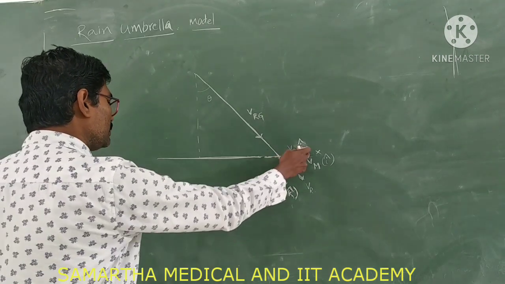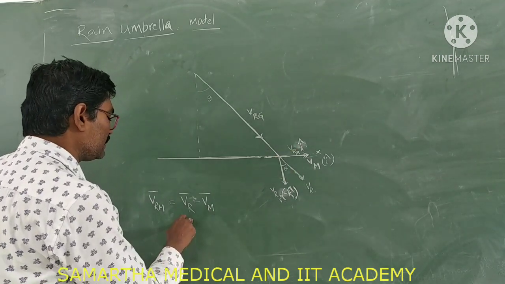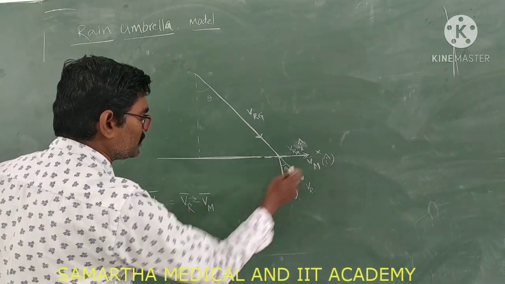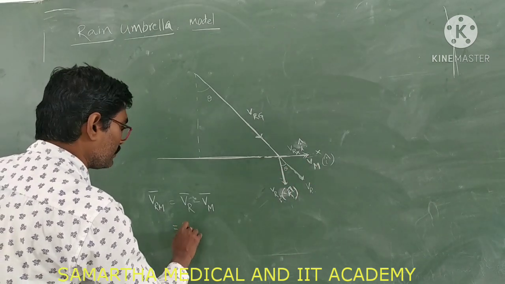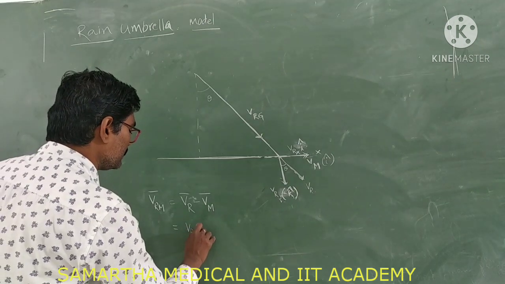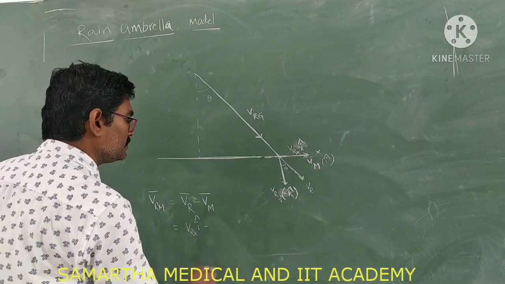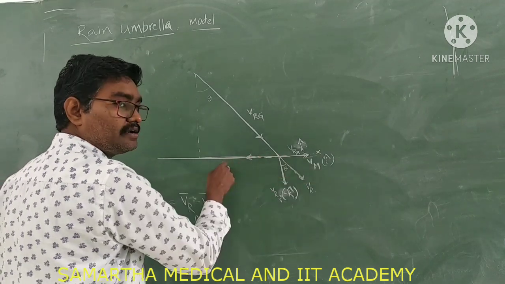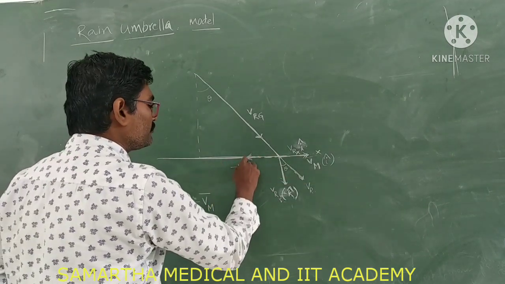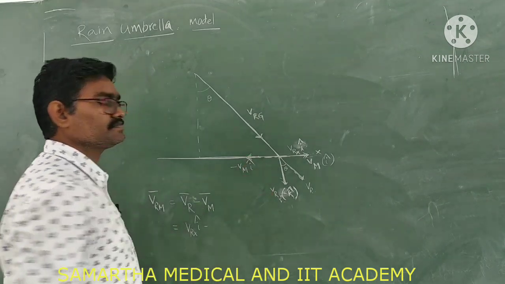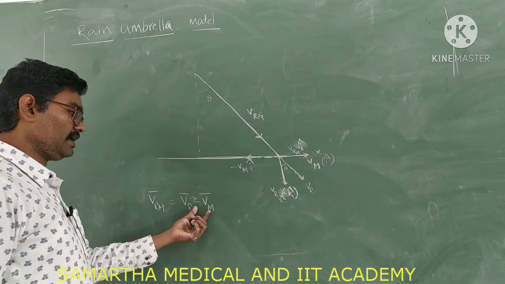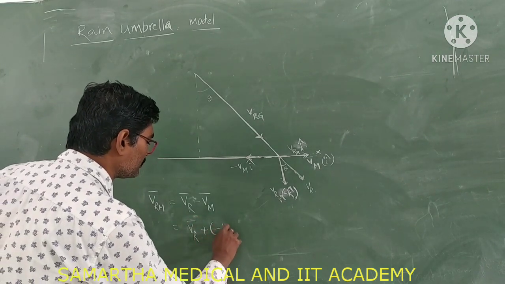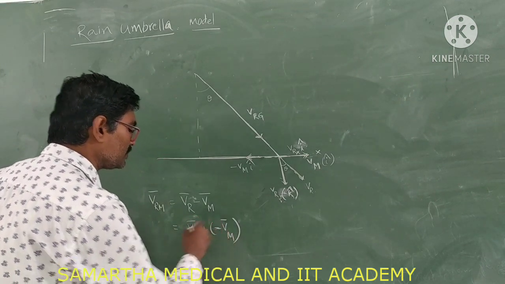So what is the velocity of rain? Along the x-axis and along the z-axis. Vrx i cap minus velocity of man, so minus Vm into i cap. This can be written like Vr bar plus of minus Vm bar. Correct? Like in the previous case.